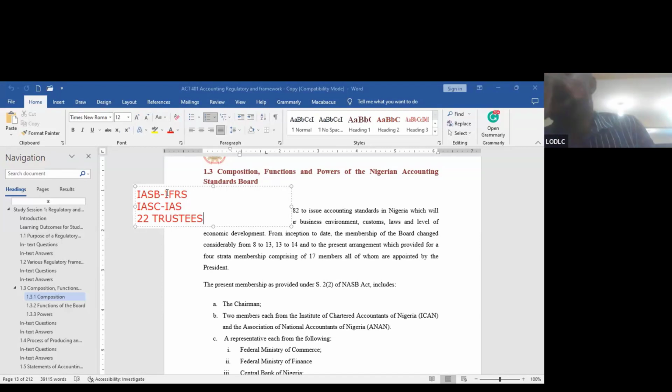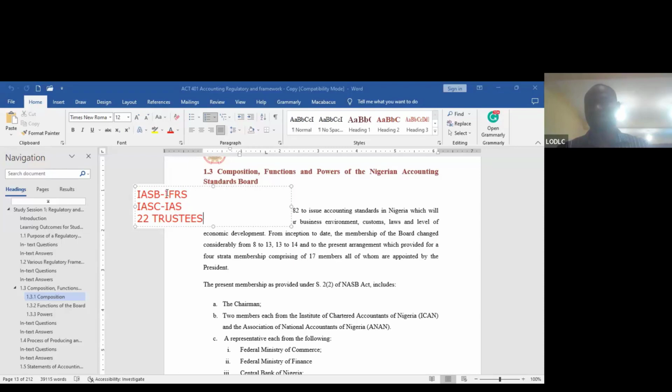Let me give you an instance. Look at presentation of financial statements. So IFRS 10 now talks about financial statements as well. Exactly. So now, it has been repealed.